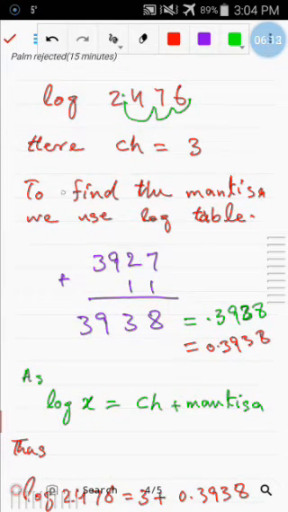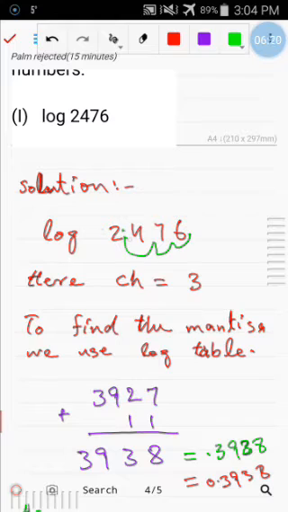Now we find the mantissa. We use the log table. We see 24.